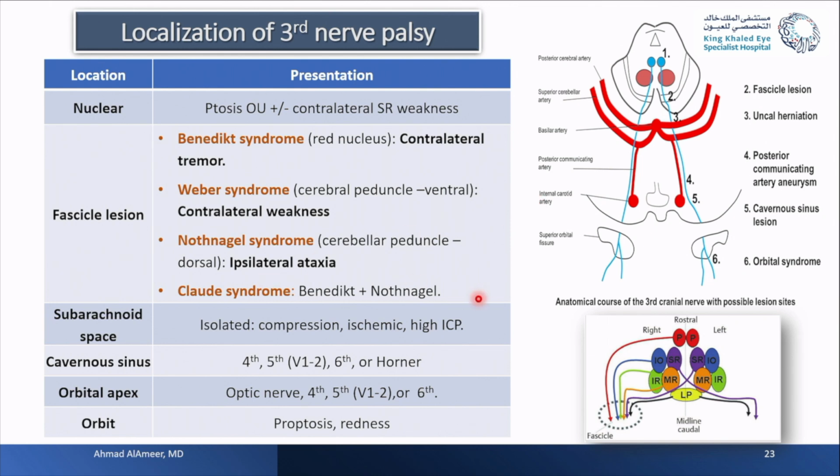If you see a patient with multiple cranial nerve palsies like fourth, fifth, sixth, or Horner, this points toward the cavernous sinus, exactly. Okay, what if the patient has optic neuropathy in addition to the fourth, fifth, sixth, or Horner? Orbital apex, exactly.